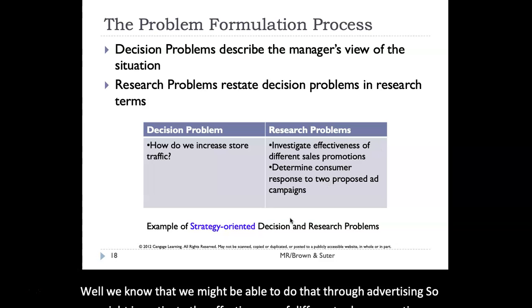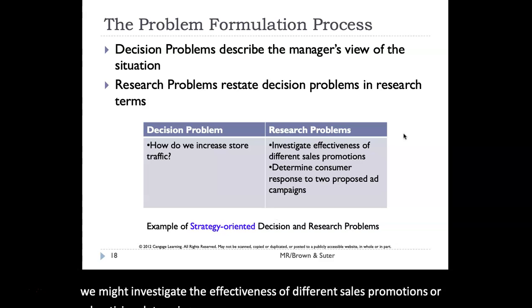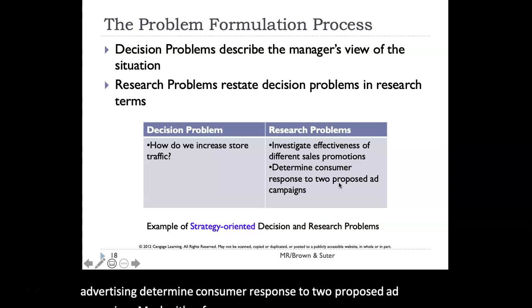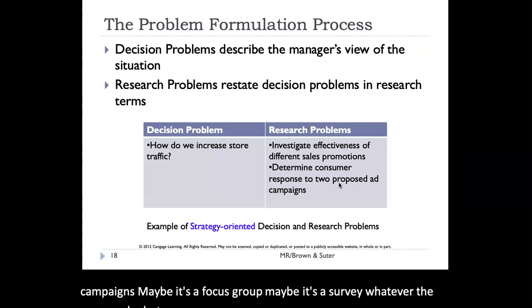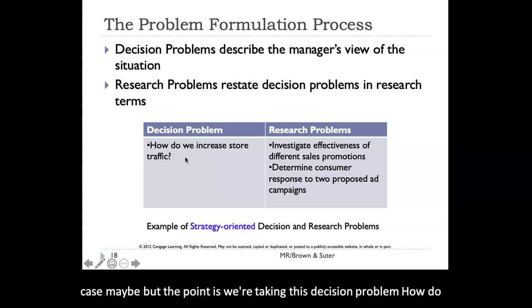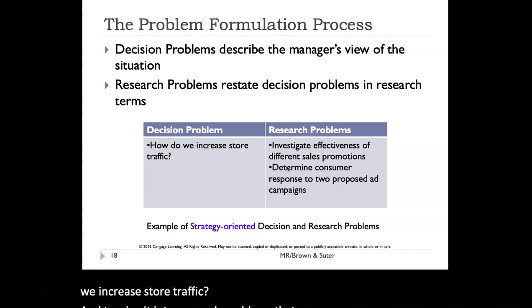Determine consumer response to 2 proposed ad campaigns. Maybe it's a focus group, maybe it's a survey, whatever the case may be. But the point is, we're taking this decision problem, how do we increase store traffic, and turning it into research problems that we can actually conduct research on.